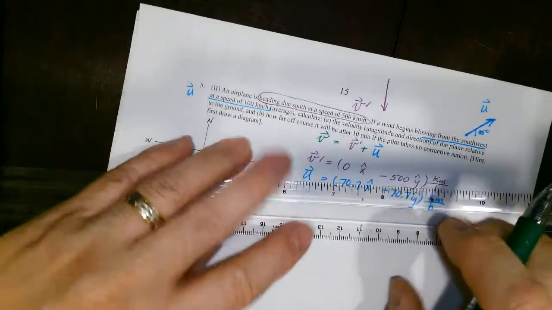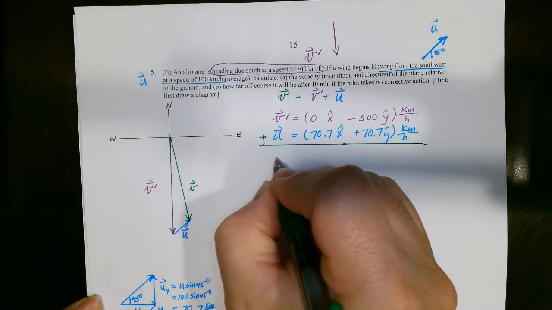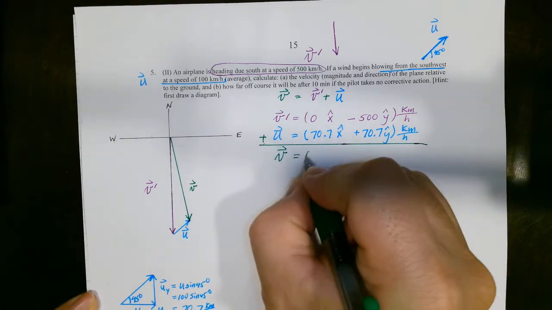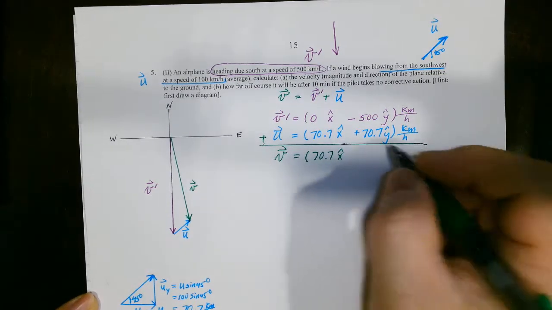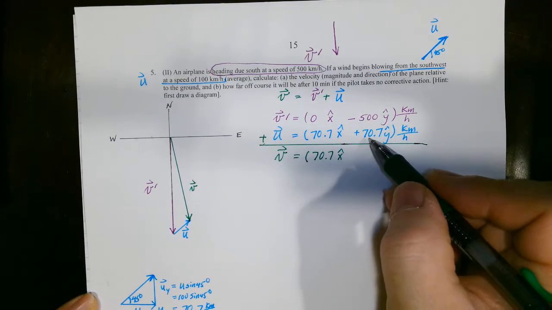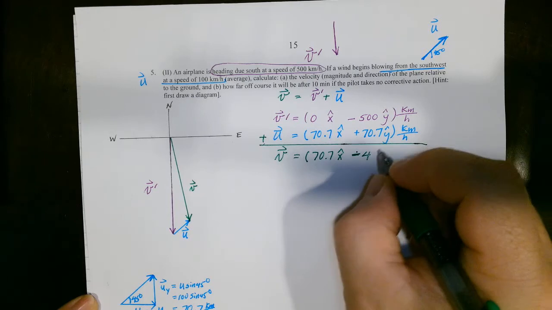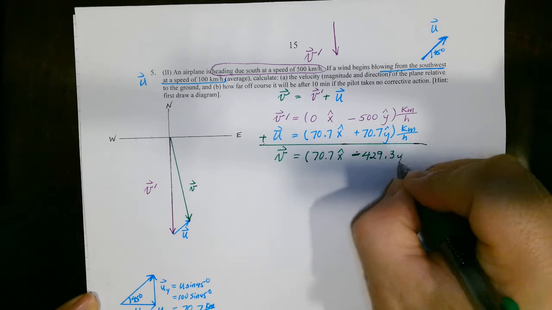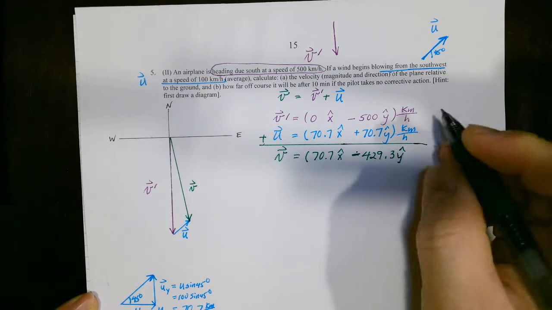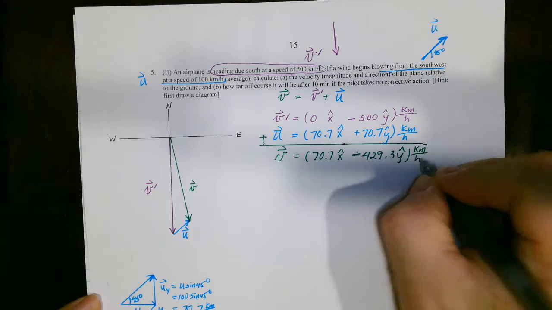So when I add these, what do I get? My V now is equal to 0 plus 70.7 is 70.7 x hat, minus 500 plus 70.7 is minus 429.3 y hat. Okay, and that is kilometers per hour.